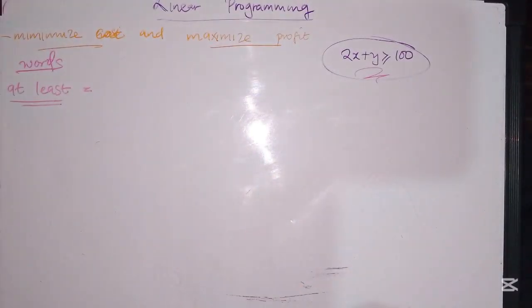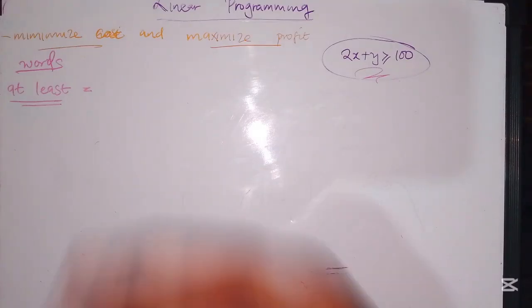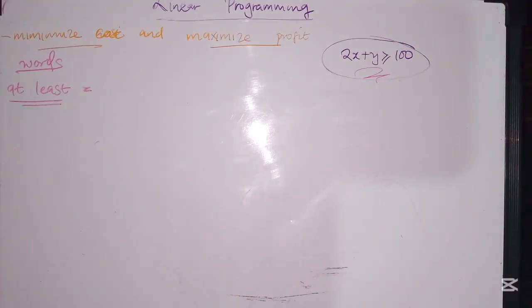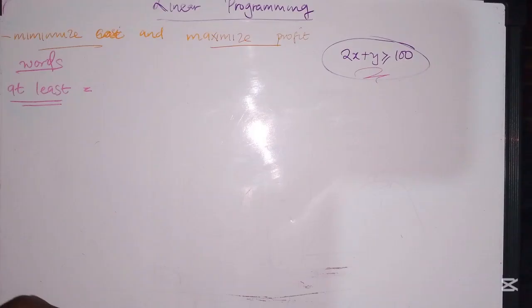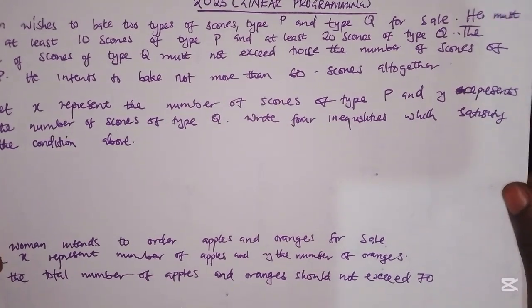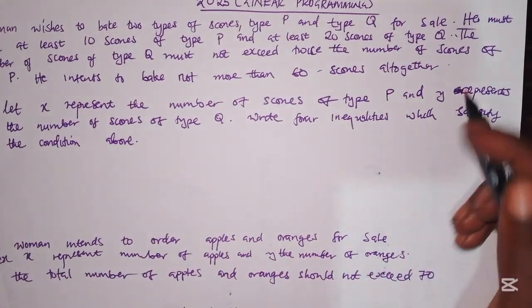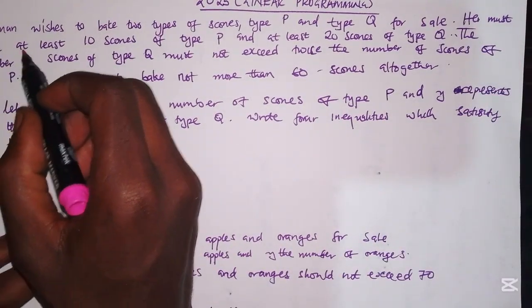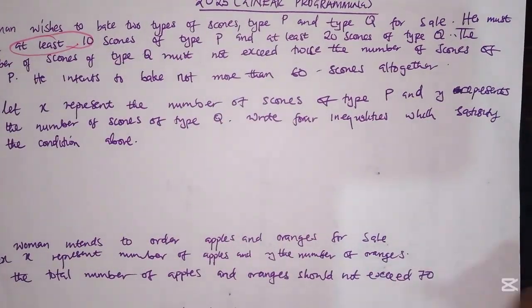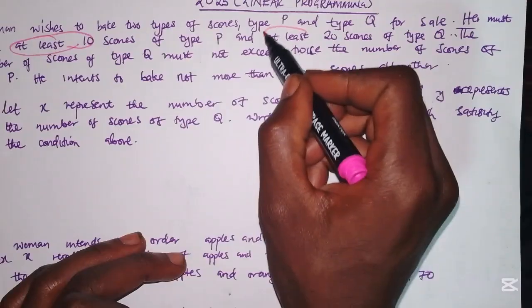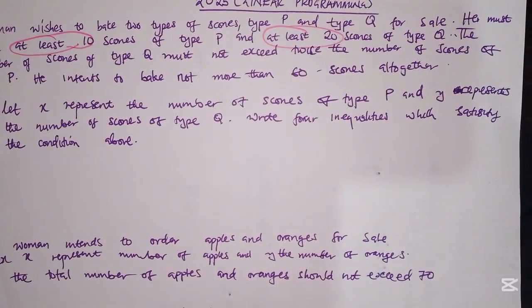So the word at least, you come across it a lot of times whenever you are dealing with linear programming. So now what does at least mean whenever you see it in linear programming? An example I can give you is this question we have. So this question is saying he must bake at least 10 scones. And again we can see here we have at least 20 scones. So this is the first term.